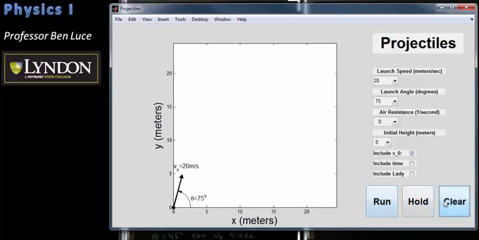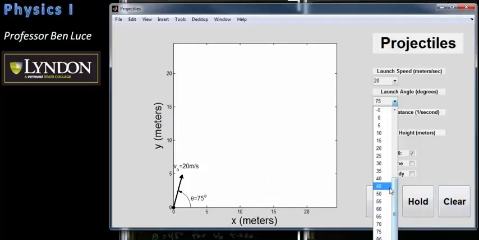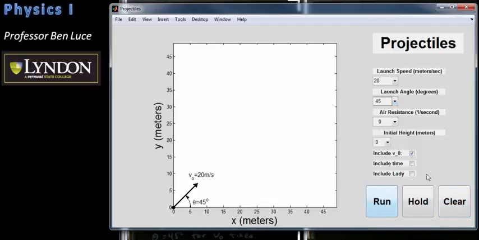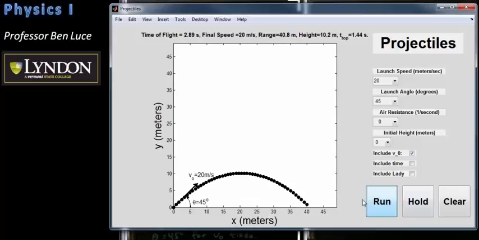Okay, next, let's take a look at the finding we obtained by looking at the symmetry of the sine function. That is, suppose we start with our 45-degree trajectory. Our analysis suggested that if we go up or down an equal amount from 45, we should obtain the same range.